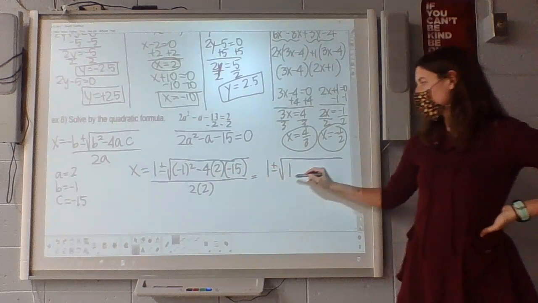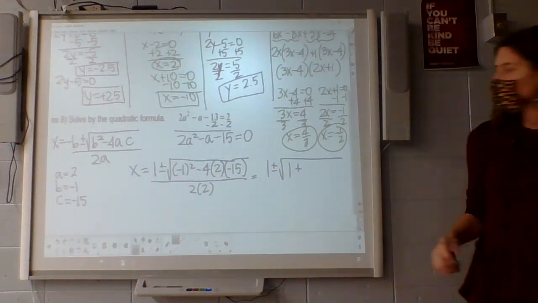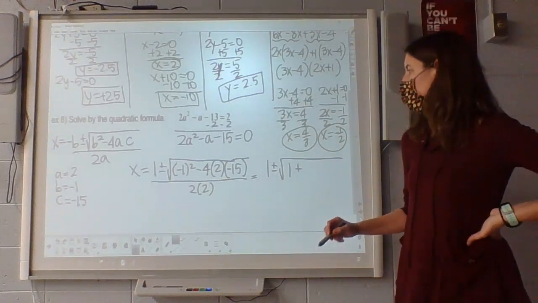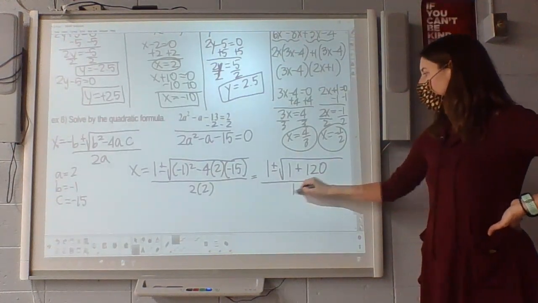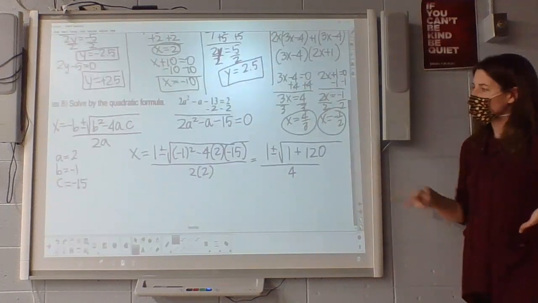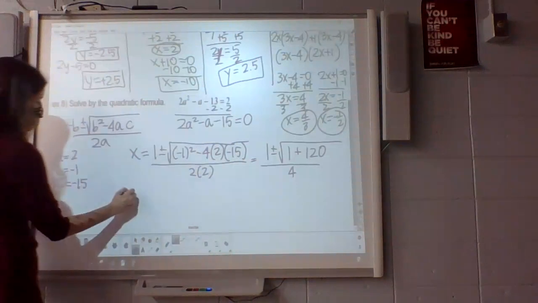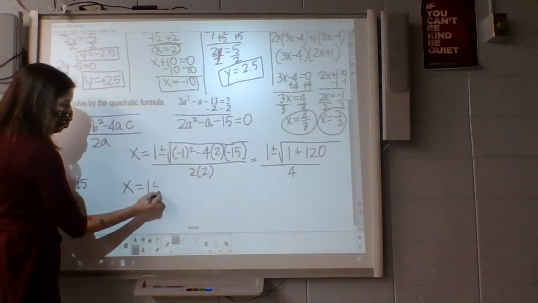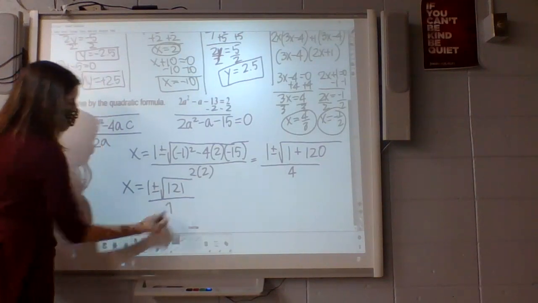The two negatives become positive. 4 times 2 times 15 is 120. So that's going to be 121 inside the root, which is a good number because it's a perfect square. That's 11.